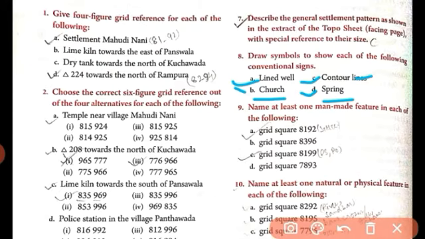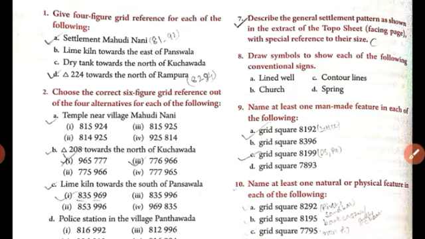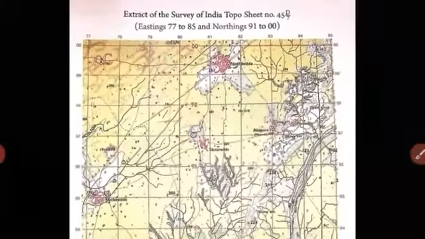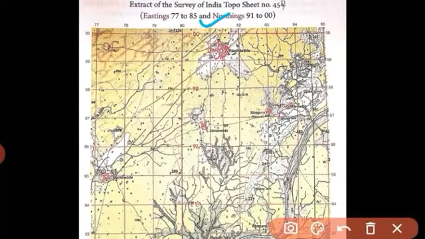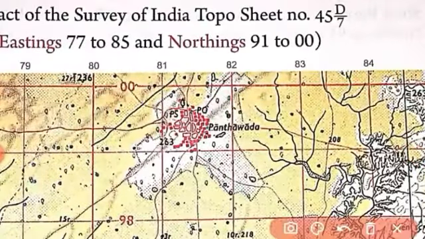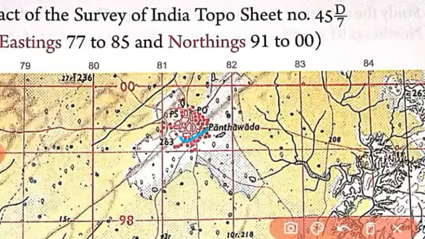What I was discussing was the settlement in grid square 8199. So this is 81 and this is 99. So in this grid, name some man-made feature. The major man-made feature found here is the human settlement.